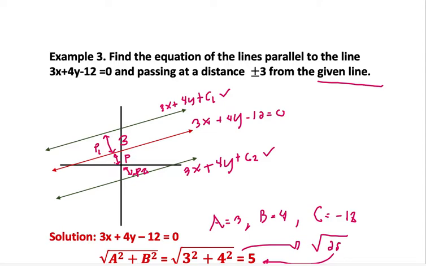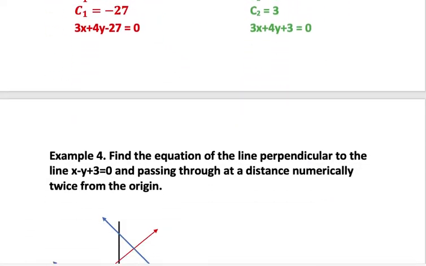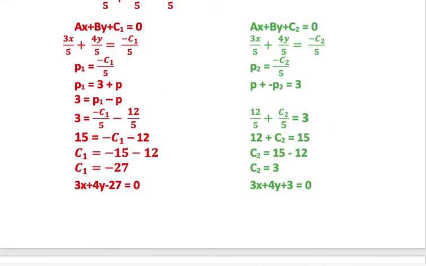Then, we use 3 here. So, 3 plus P. After that, we need to simplify. So, let us isolate 3 here. So, I am going to transpose it to the other side. Then, transpose to the other side the P sub 1.